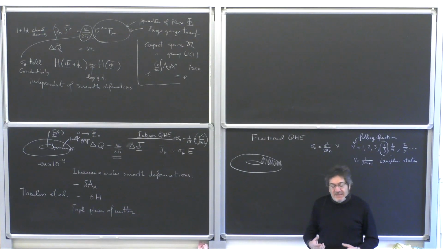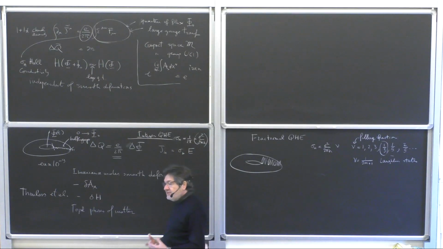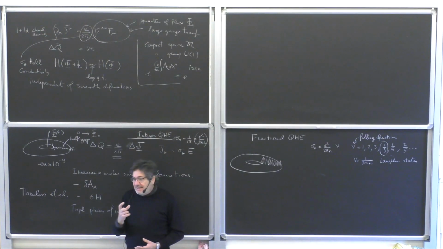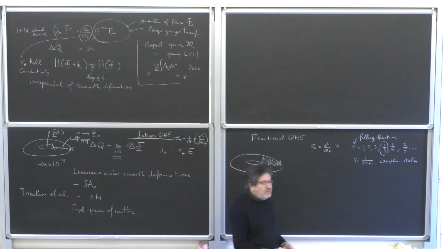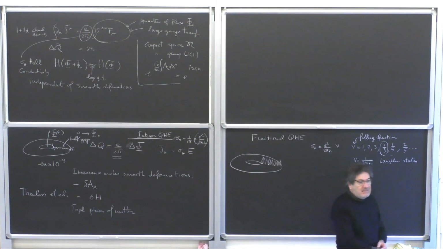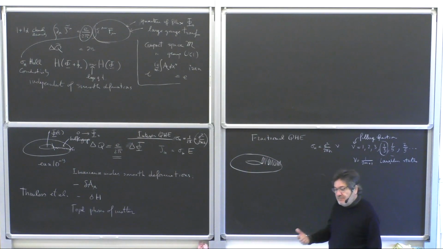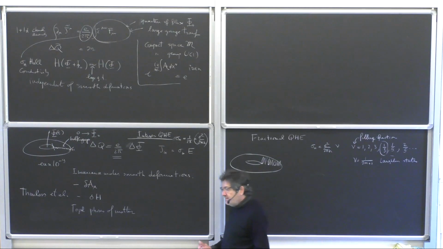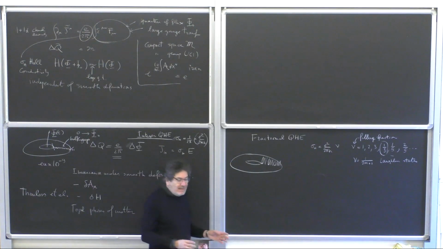If you have a starting point of free fermions which is degenerate, to get a gap is a non-perturbative phenomenon, something that you cannot reach by assuming that the interaction among the electrons is small. So it's a kind of miracle.